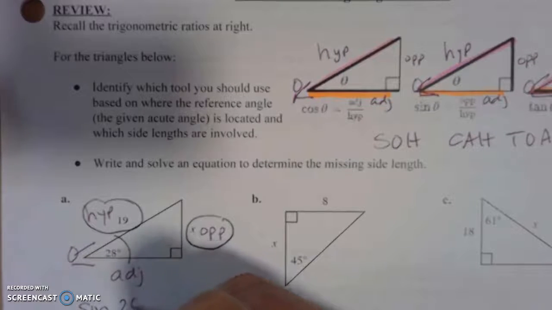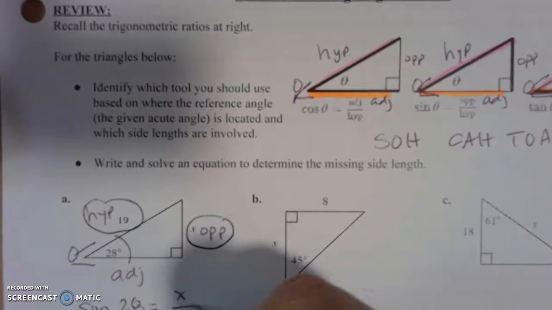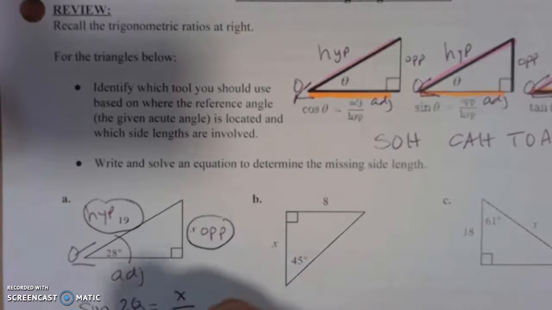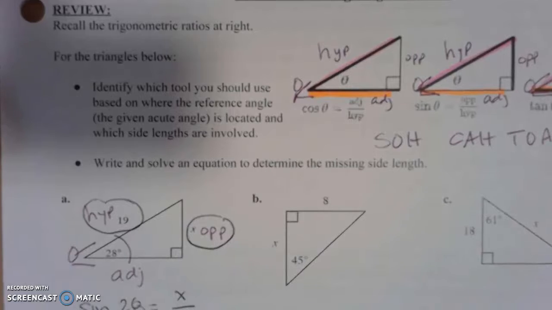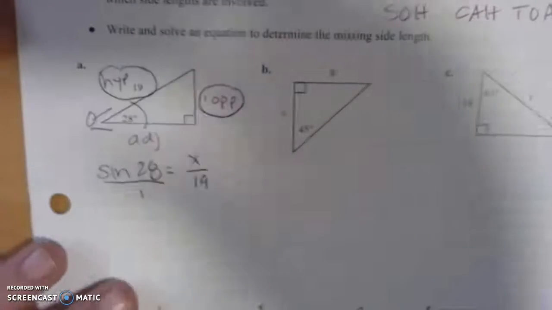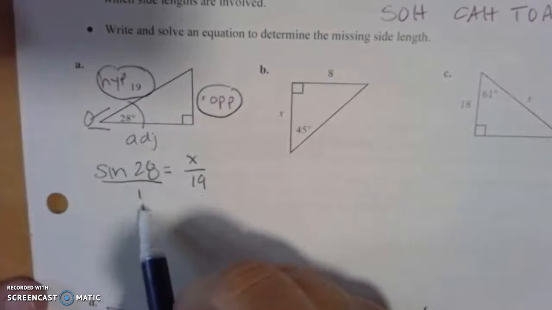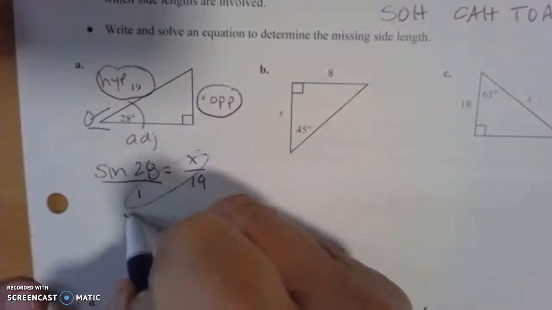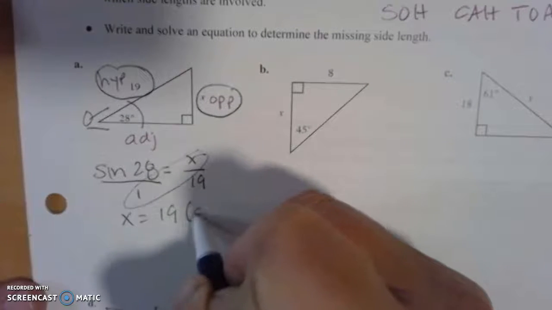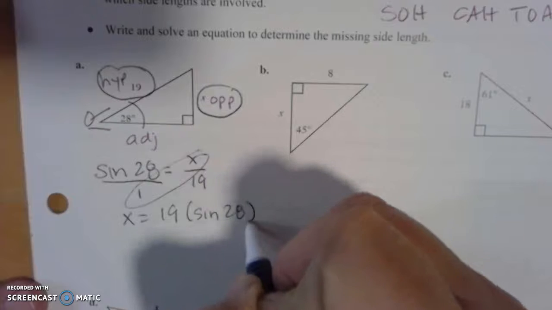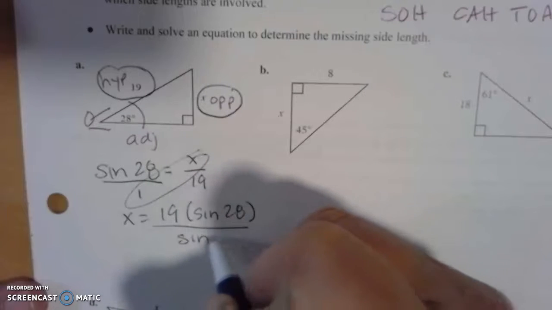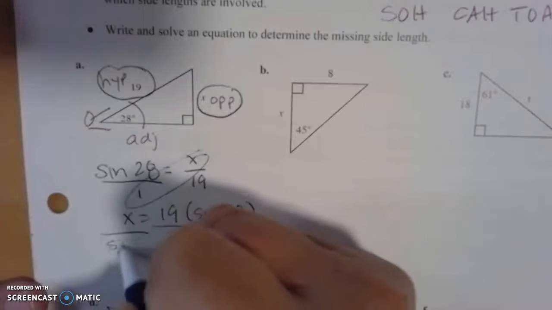So sine of 28 equals opposite over hypotenuse. And we're going to make a proportion out of that. Sine of 28 is x over 19, and I put it over 1. We're going to go x equals 19 times sine of 28. Divide both sides by sine of 28.